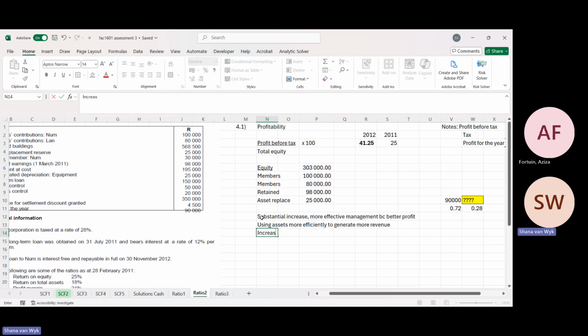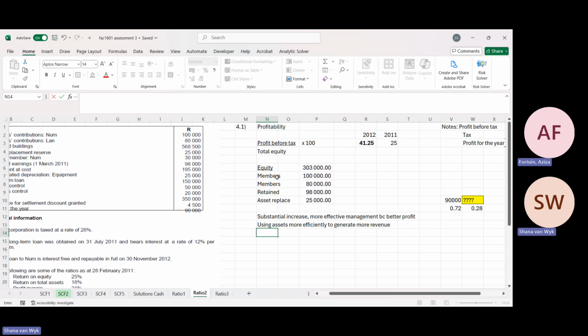It could also be the equity. If our total equity decreased, is that a bad thing? It depends. No, it's not a bad thing, but it will depend what your profitability is. Because if this one gets smaller, then this will also get larger.